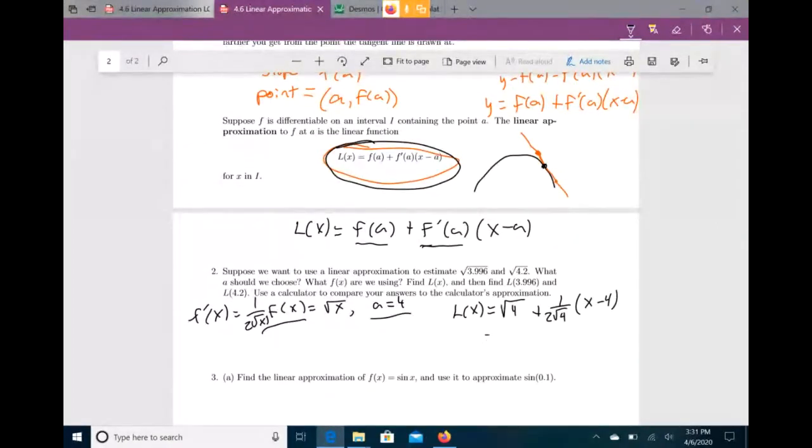Simplifying, we get 2 plus 1/4 times x minus 4. This is the linear approximation to the square root function near 4.